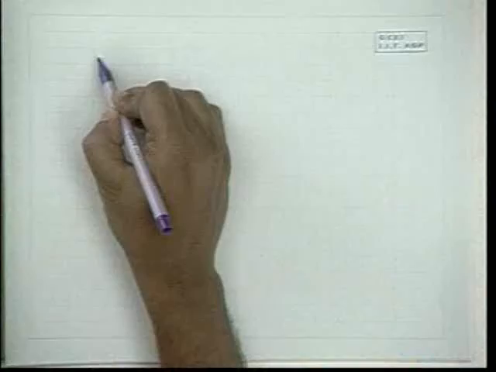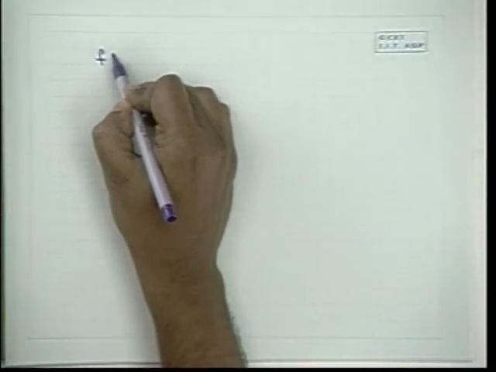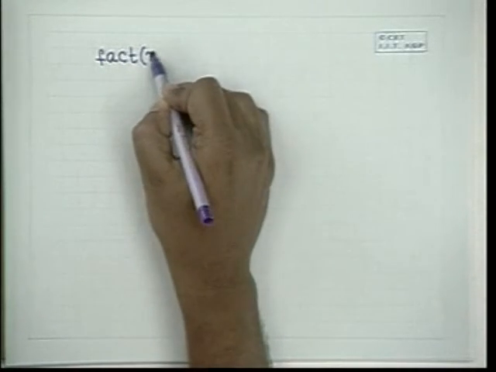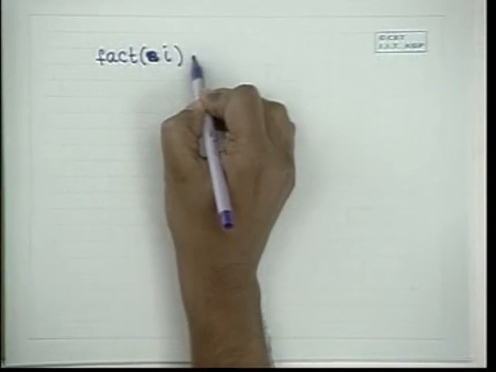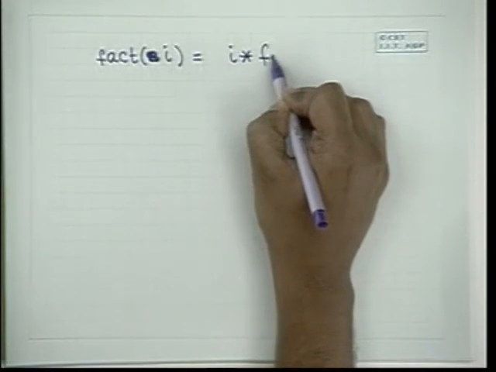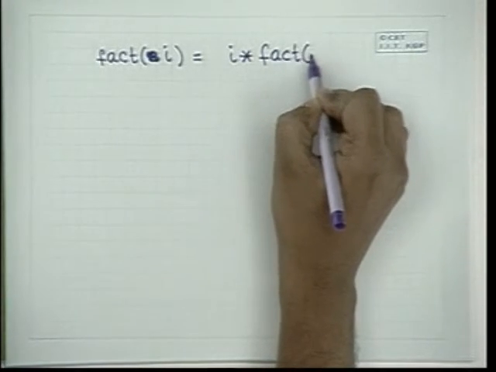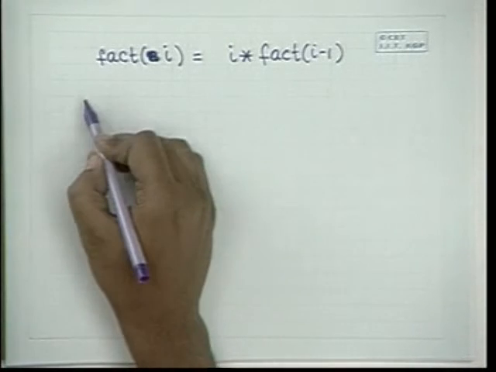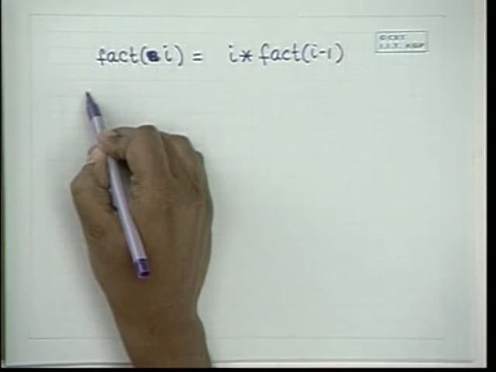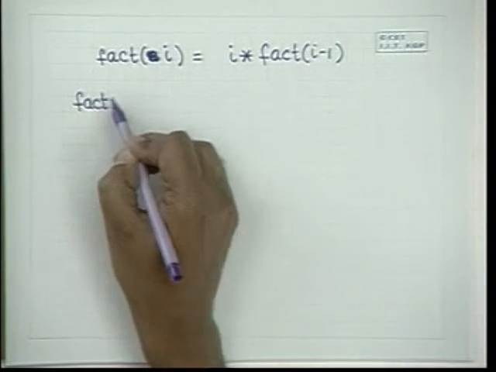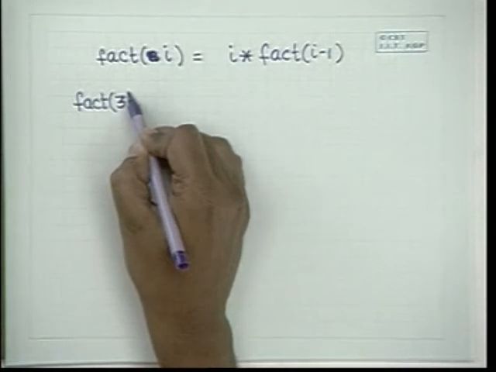So our basic part of the recursion was fact n, or say fact I, was equal to I into fact of I minus 1. That is if I is greater than 1. Now suppose it is called with a value. So in the main program, suppose you read in the value 3 and you call it with a value of fact 3.